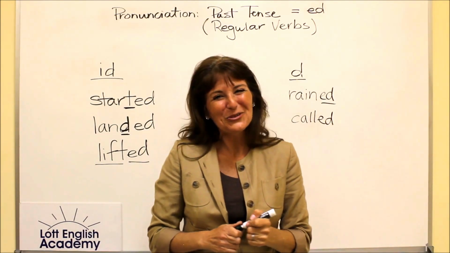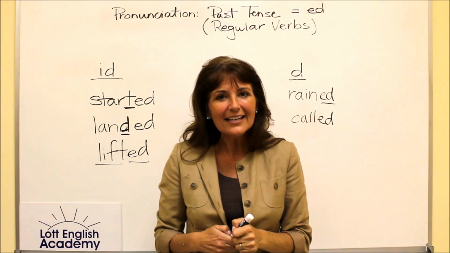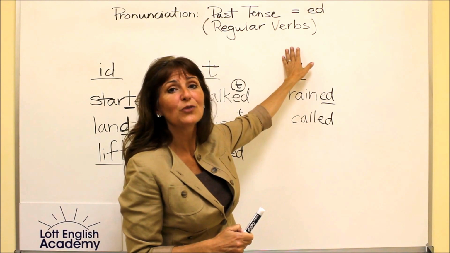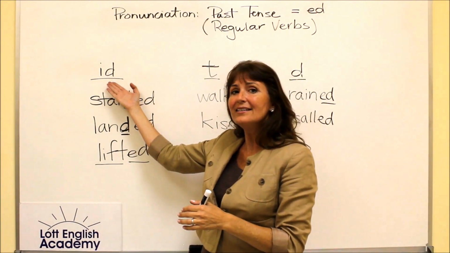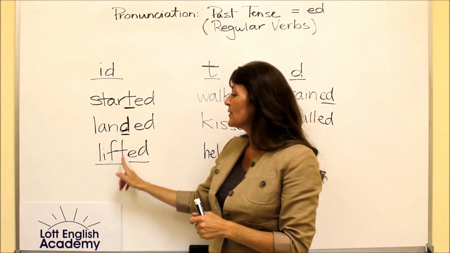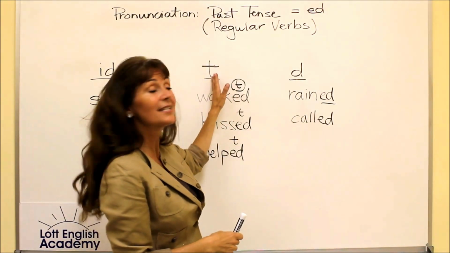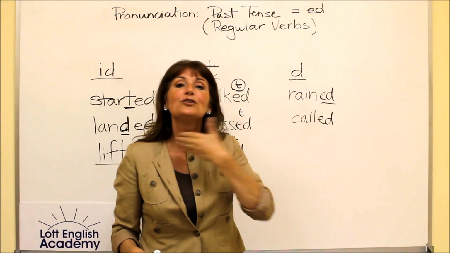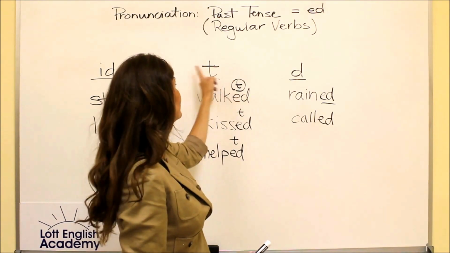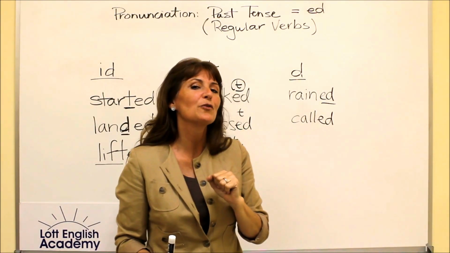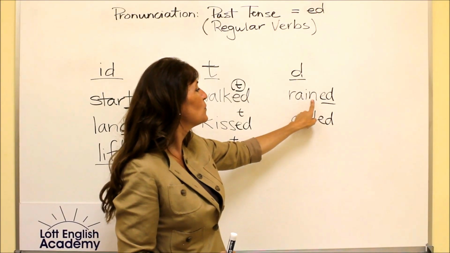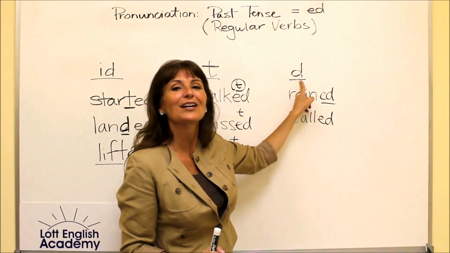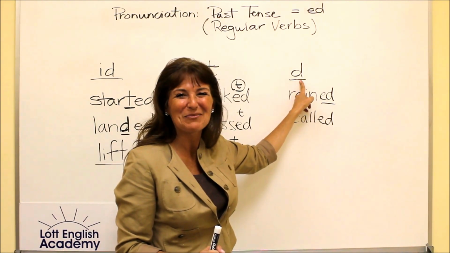I don't want to make the video too long, so we're going to stop here for today. I'd like to invite you to think of other verbs that are regular verbs and then try to put them into the id category for words that finish with T or D, the T category for words that finish with a sound that has no vibration, and you can remember that by the cross on the T, no vibration, or this category for the words that have a vibration in the last letter or last sound and fall into the category for the sound D, which has vibration.